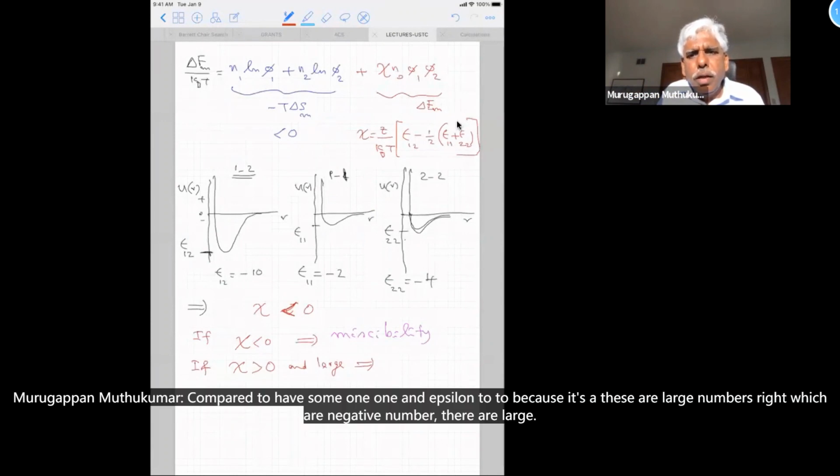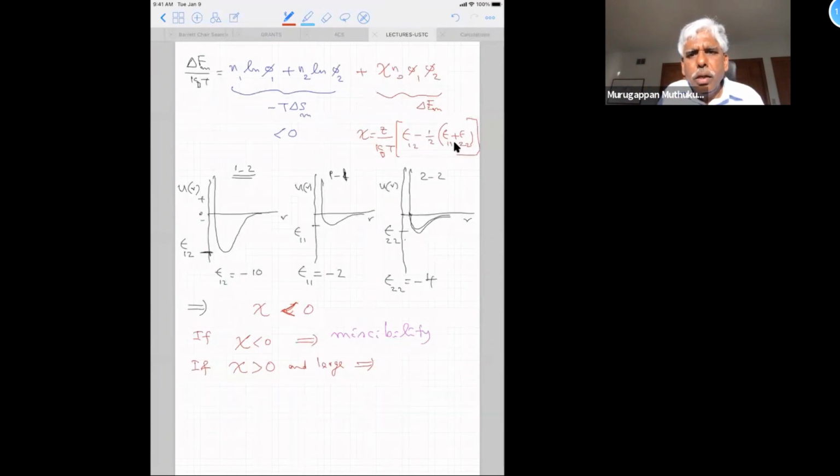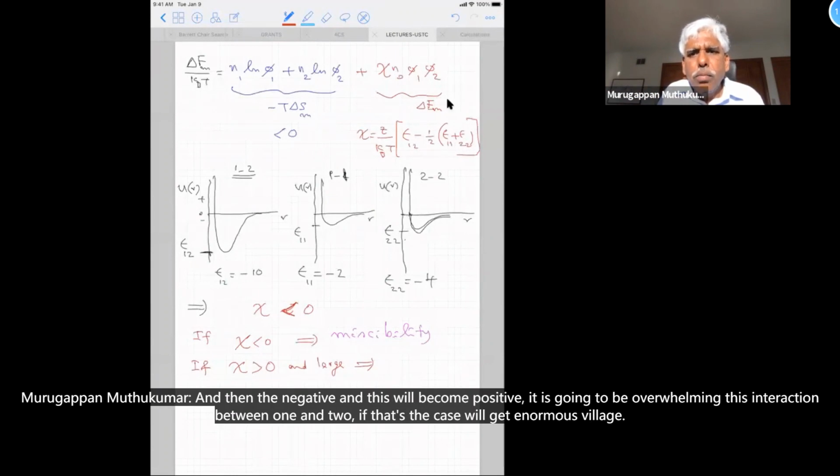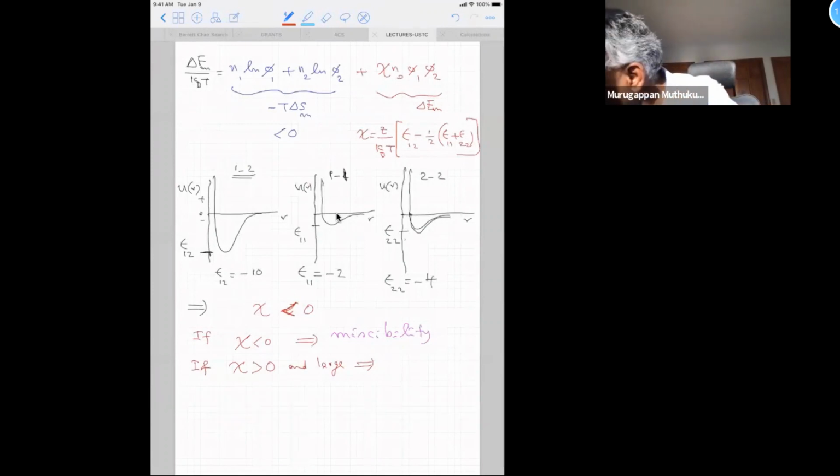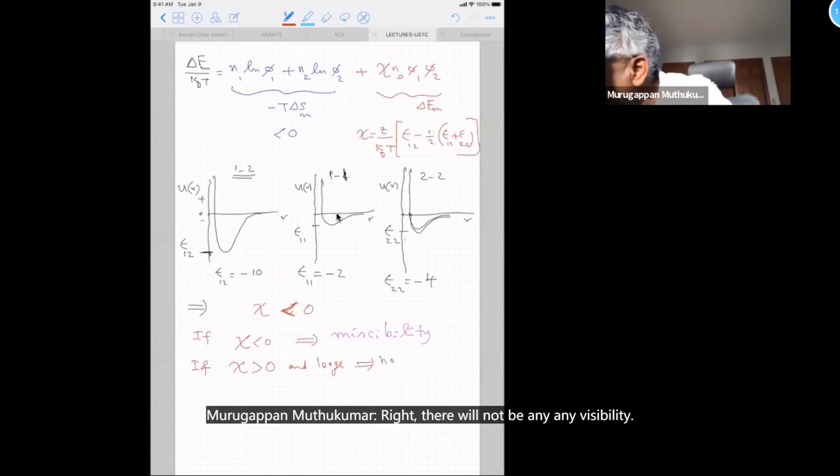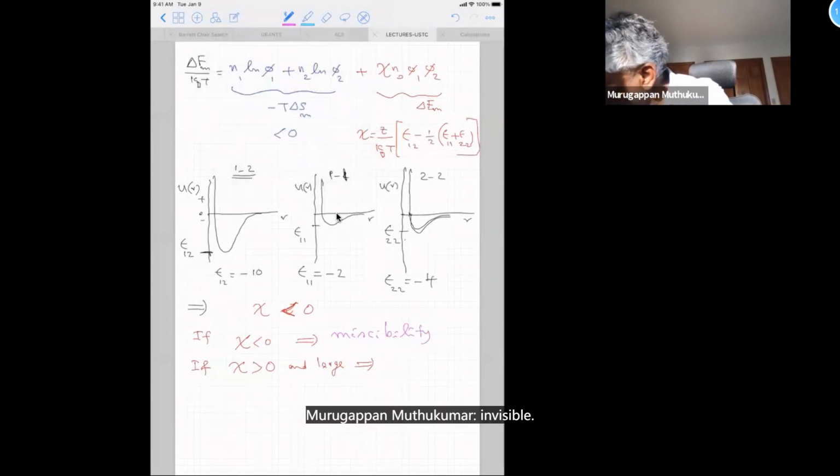Because if these are large numbers, which are negative, then with the negative sign this will become positive, which is going to overwhelm the interaction between 1 and 2. If that's the case, we'll get no miscibility. There will not be any miscibility. Immiscible.